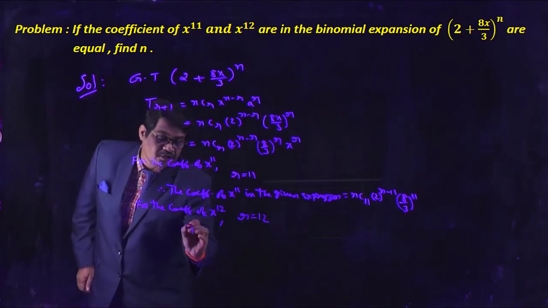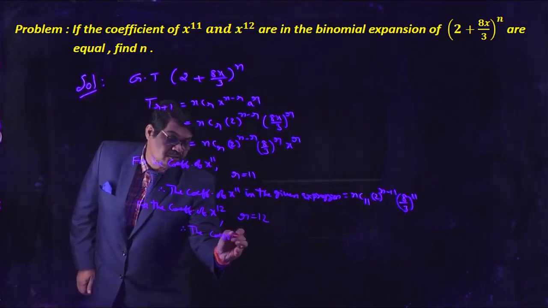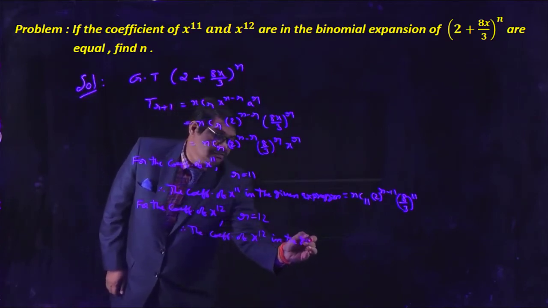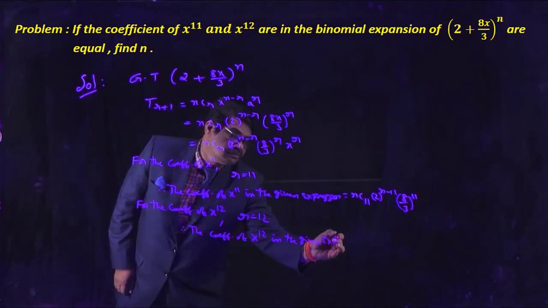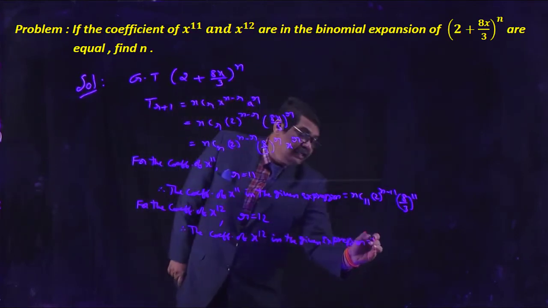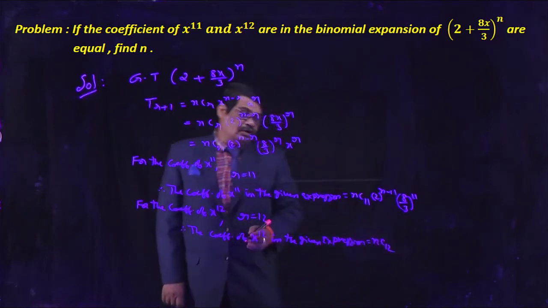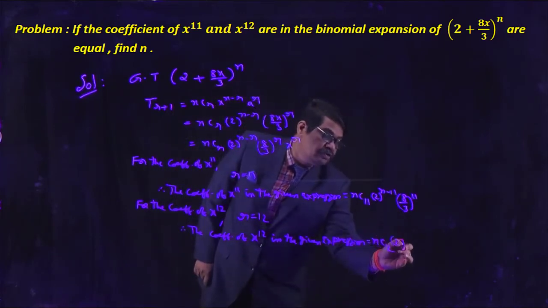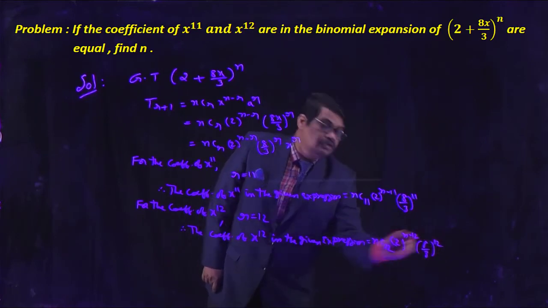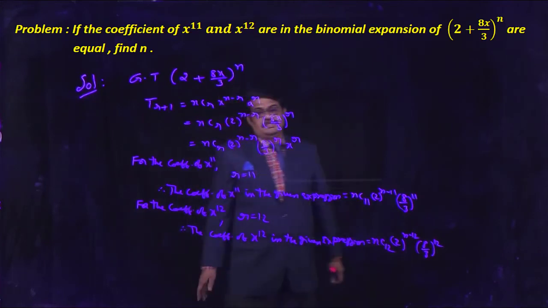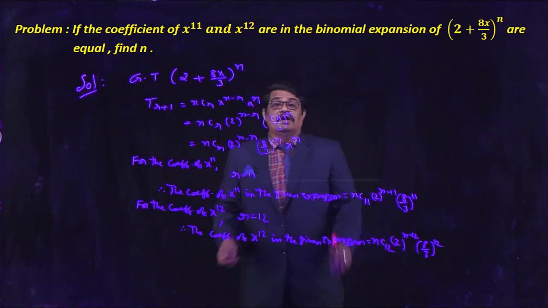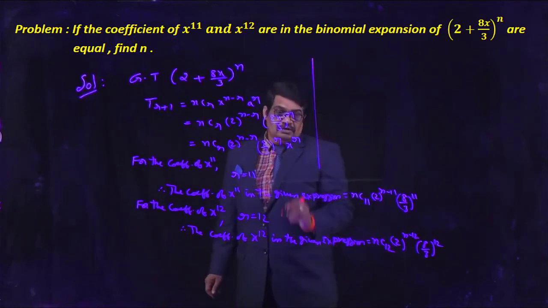Therefore, the coefficient of x^12 in the given expression is nC12, here r is 12, into 2^(n-12) into (8/3)^12. Here these two coefficients are equal. So the coefficients of x^11 and x^12 are equal.